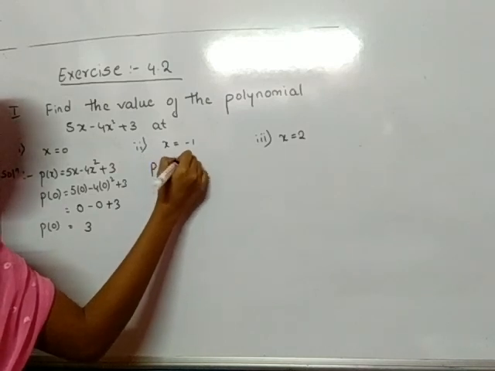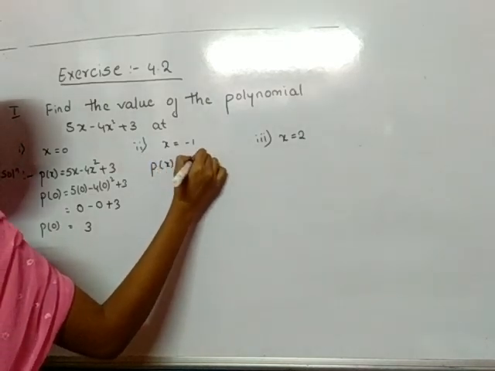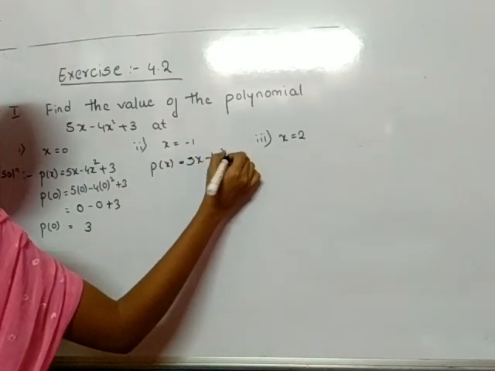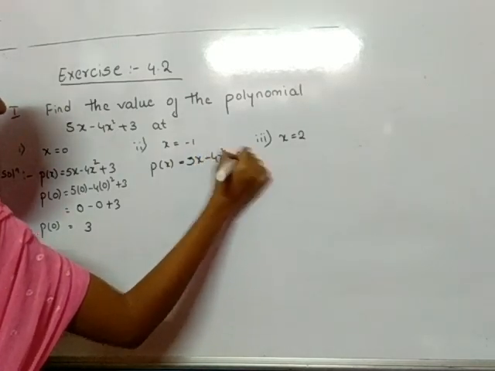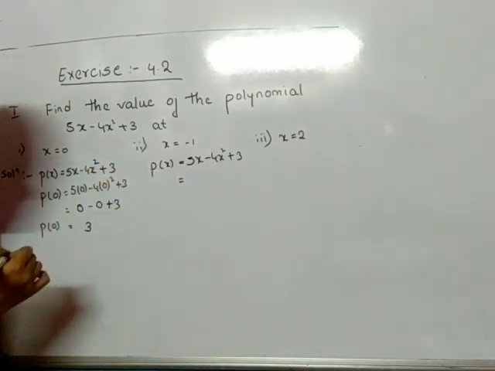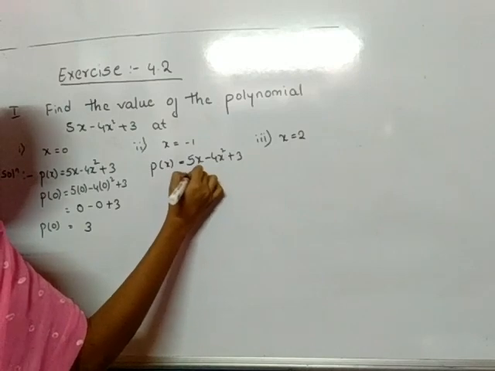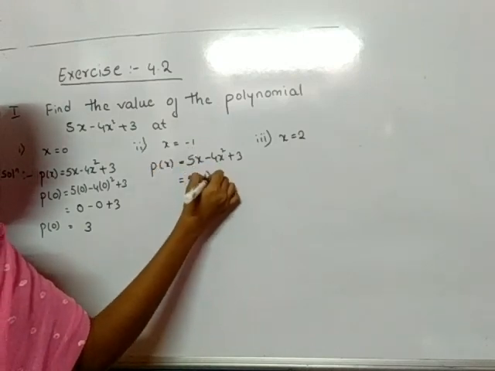P of x is equal to 5x minus 4x square plus 3. First we'll substitute it. X means here minus 1.